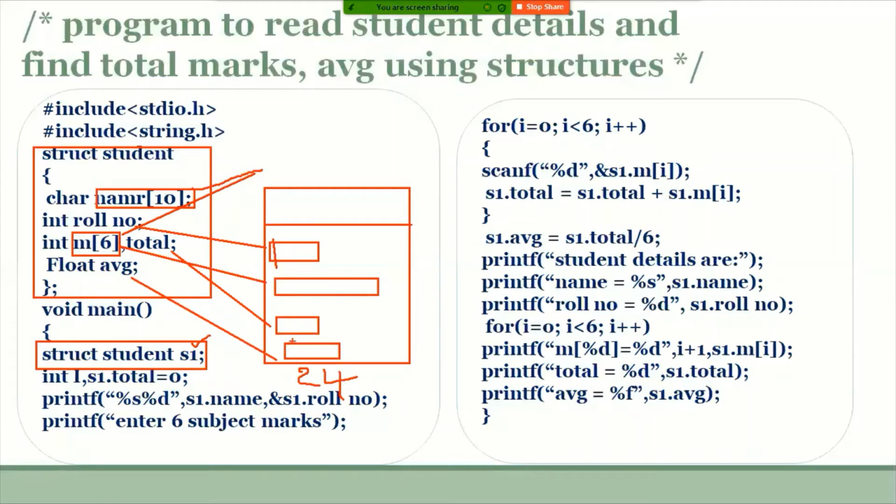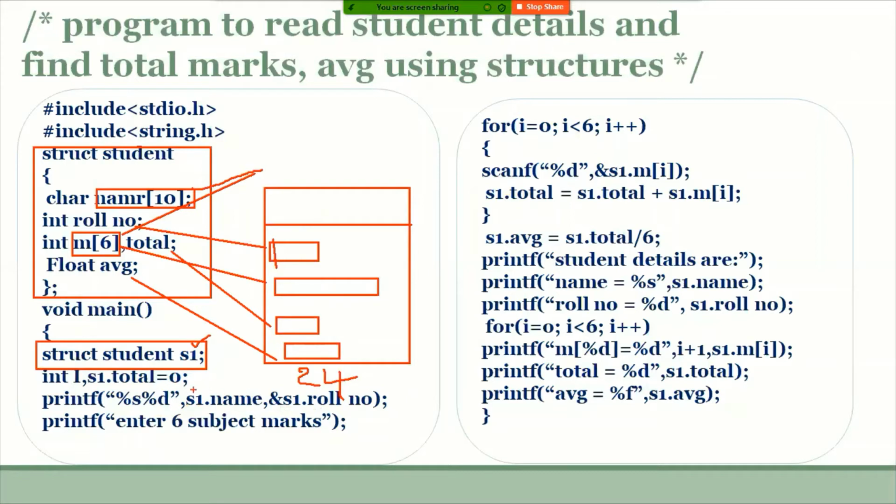Like this, the compiler will allocate 24 bytes to s1, and that 24 bytes will be separated into corresponding locations for those members whenever those members are linked with a structure variable. In this printf statement, s1.name and s1.roll number are linked with the structure variable, so memory is separated, and 6 subjects of marks. So here we can read 6 subjects of marks.